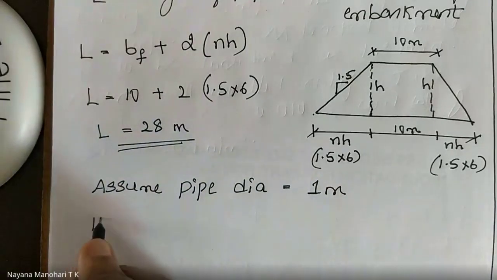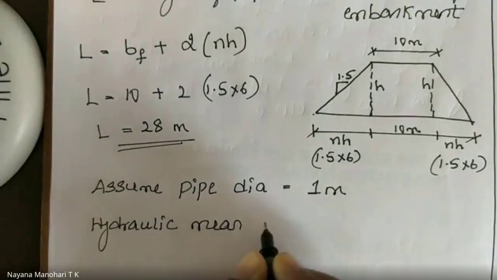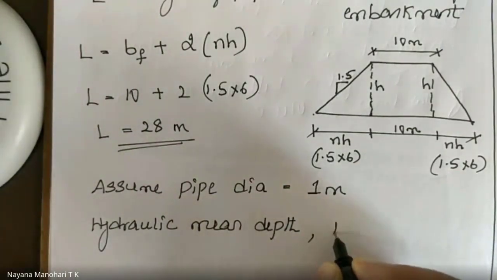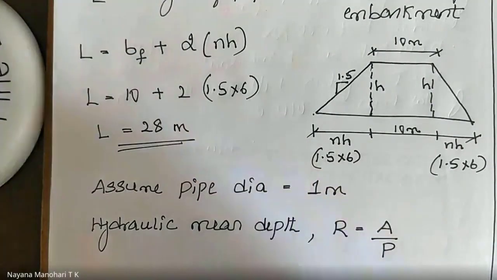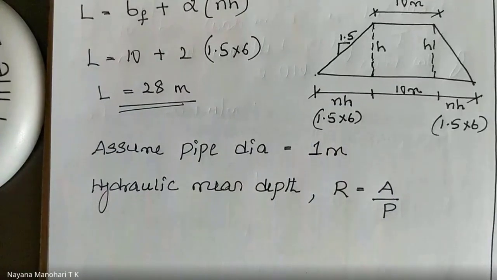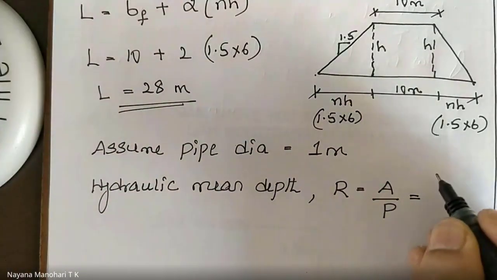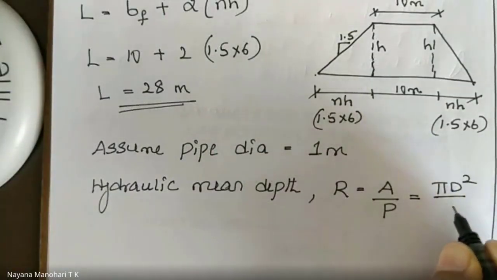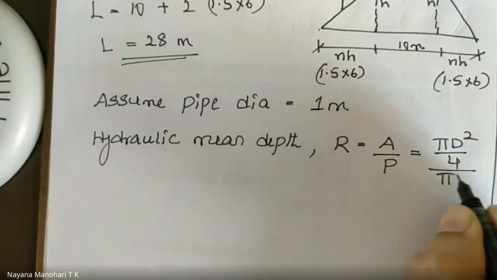Next is the hydraulic mean depth, R equals A divided by P, area divided by perimeter. What is the area for a circular section? It is pi d square divided by 4, and its perimeter for a circle is pi into d.